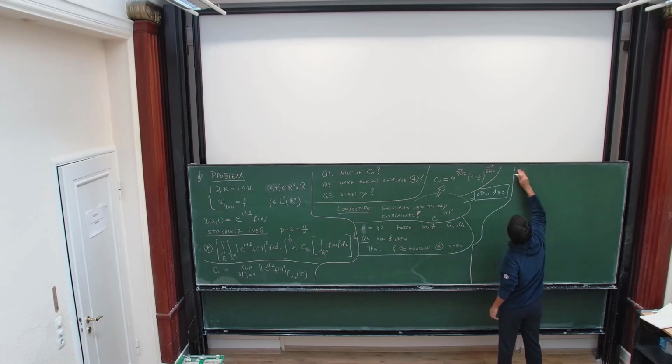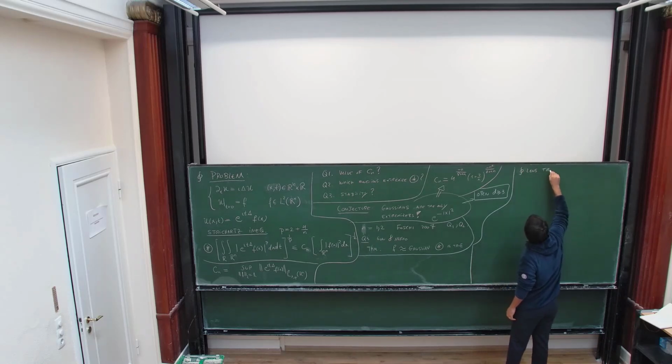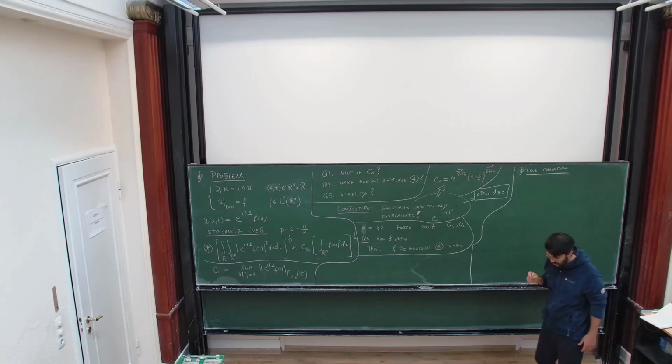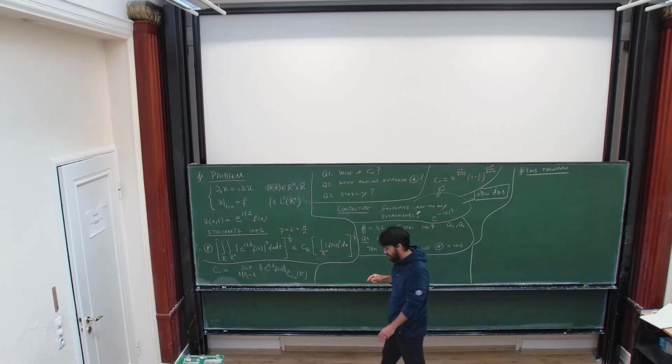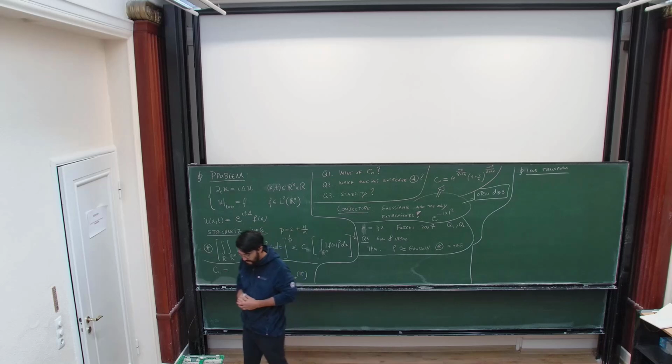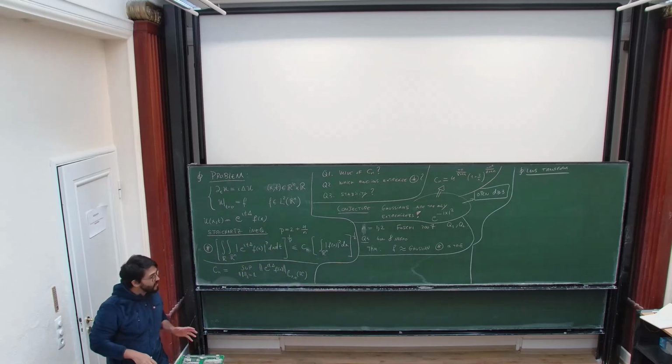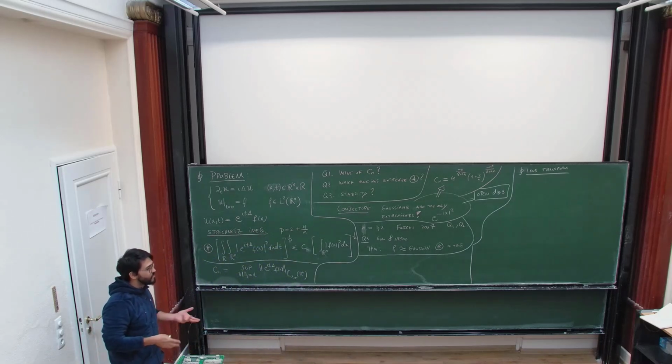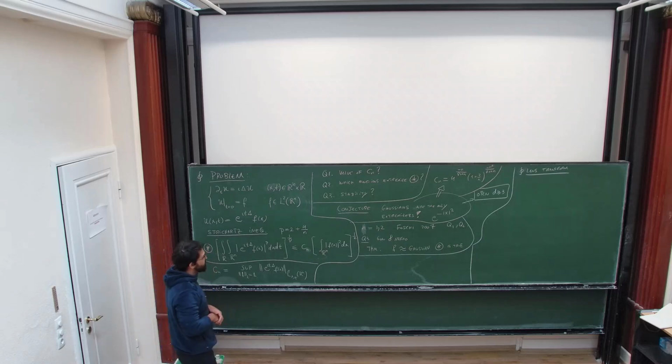Okay, so let me talk about the lens transform. There are ways of seeing this. During my PhD, I came up with a way of seeing it, which I think was different from what it was before. People were looking at this only from the PDE point of view.